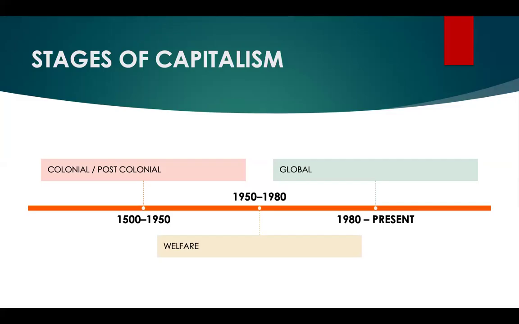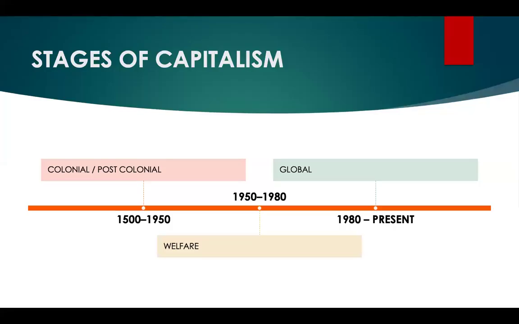So you can see that globalization in the early stages of capitalism was very similar to what we're observing in our time. The example can be the British and Dutch East India companies, which established early multinational trade networks.